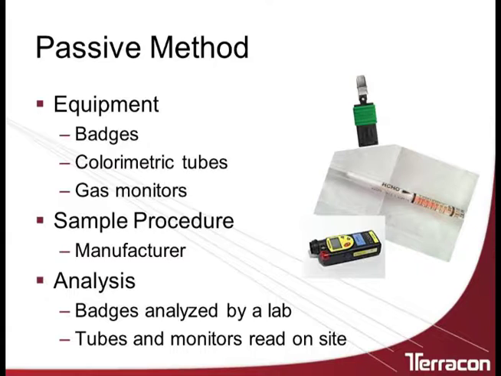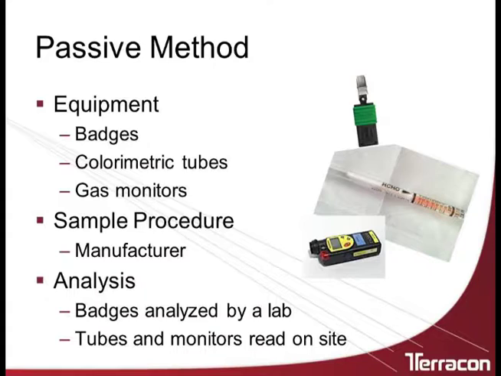And typically, again, like the passive dosimeters that we talked about, you have to go to the manufacturer's manual in order to determine exactly how to operate them, how much to sample, and how they should be oriented on the individual. Analysis, with the badges, they're sent in to a lab. The other items provide a way of reading the sample on site and getting your results quickly.